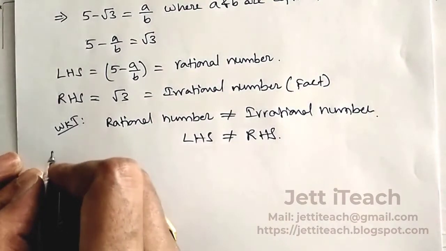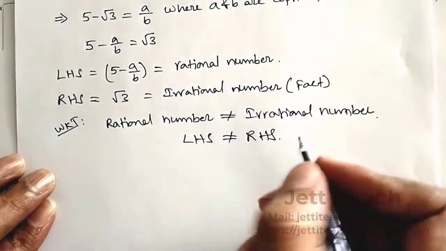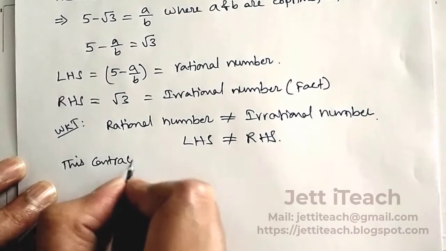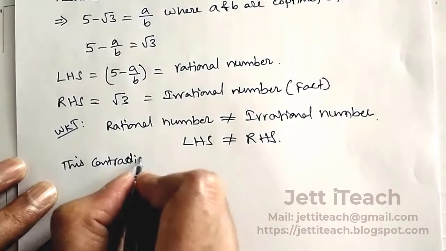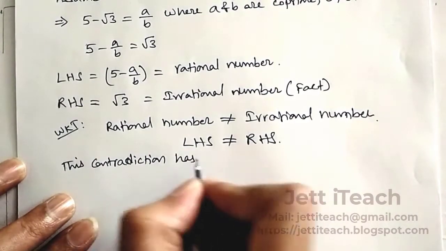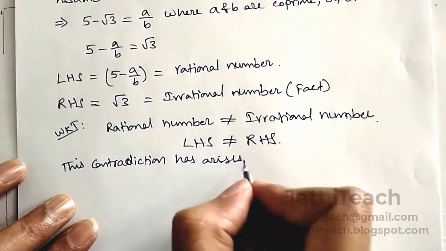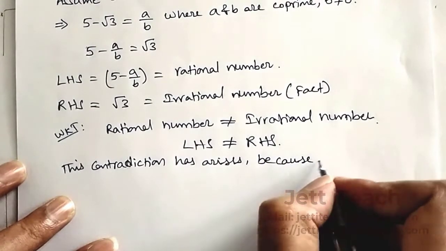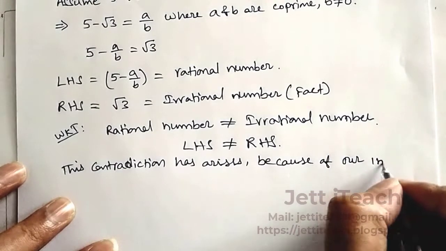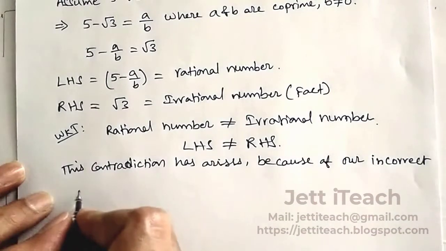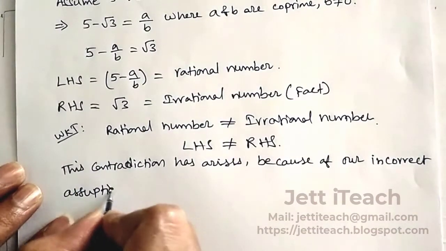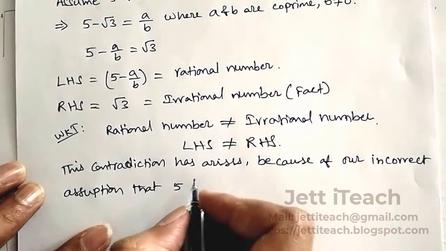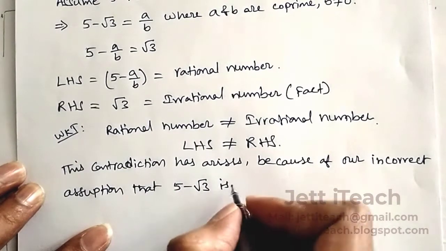Okay, this LHS not equal to RHS, this contradiction has arisen because of our incorrect assumption that phi minus root 3 is rational.